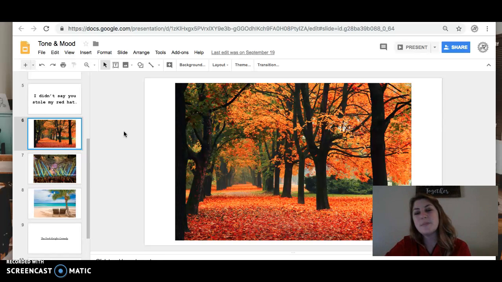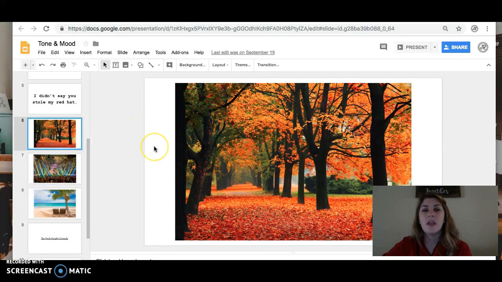So we looked at these pictures, and we talked about the tone and mood of the picture. This is how point of view comes into it. We had some people say quiet, peaceful, pretty, so we had some really positive words with positive connotation to describe this picture, pardon me.